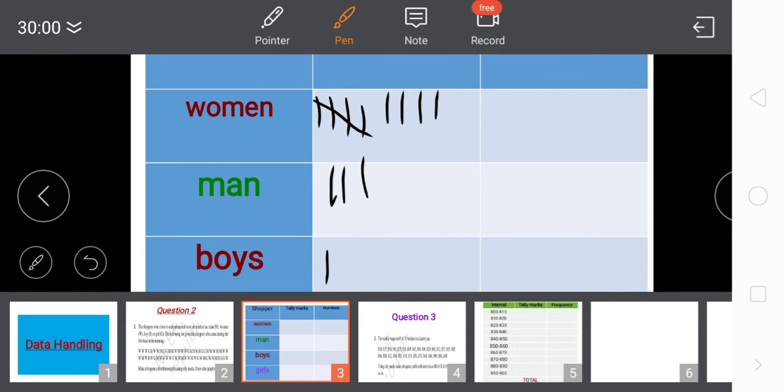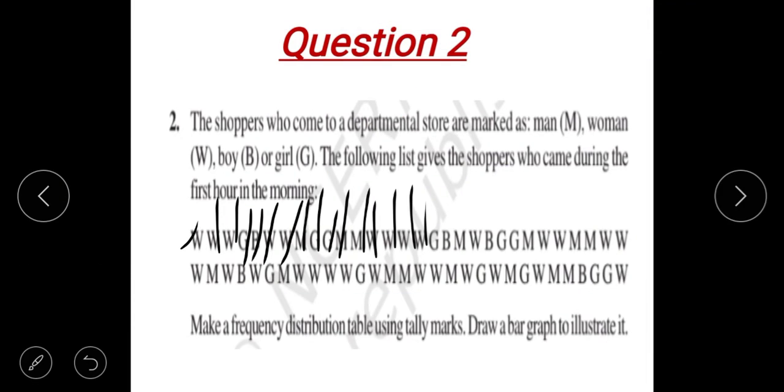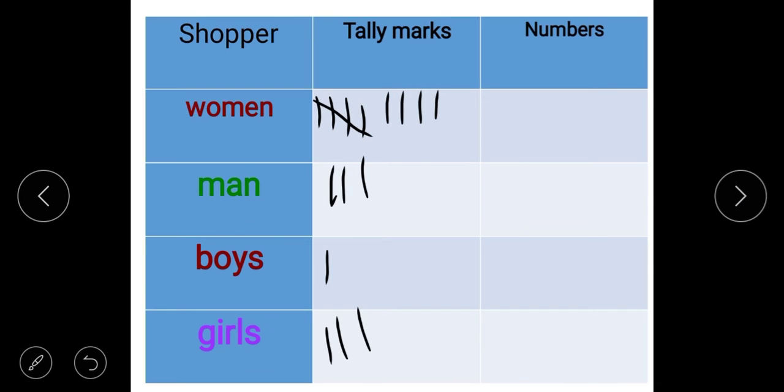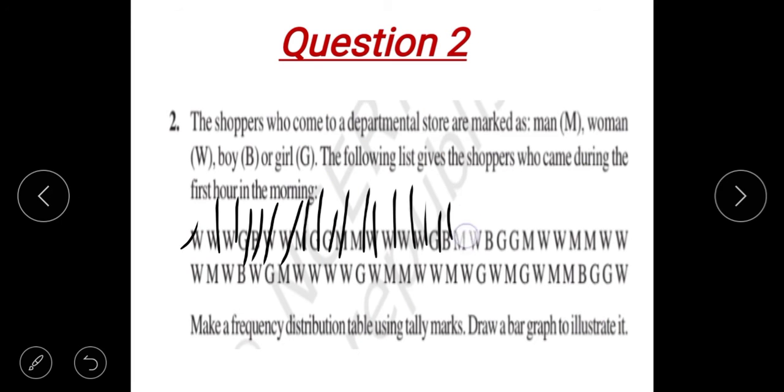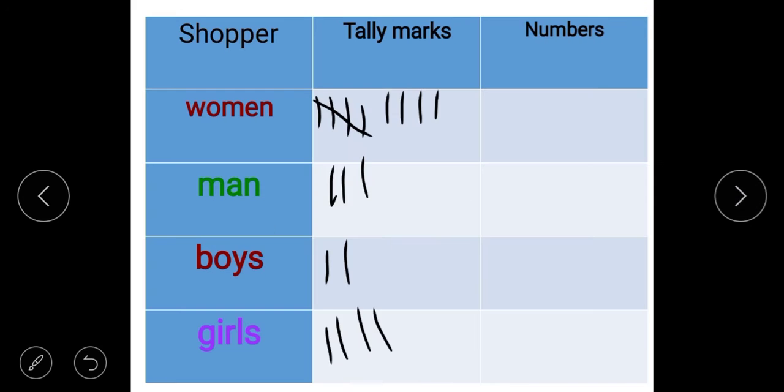Here now 1 G, 1 B. Okay class, M, W. This is W because this is the fifth one.